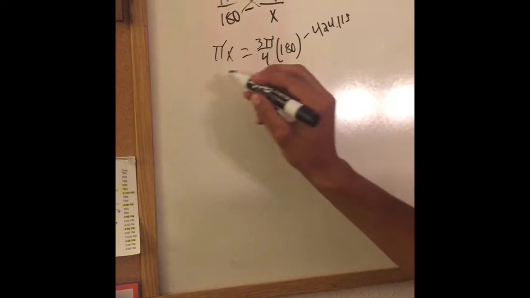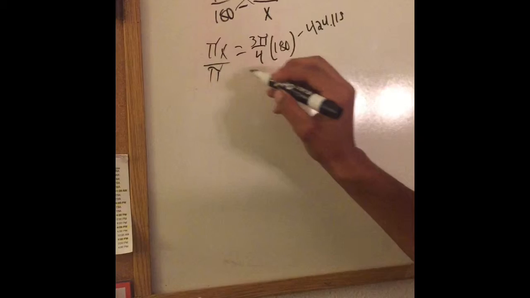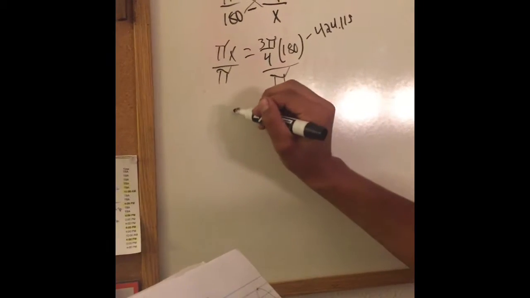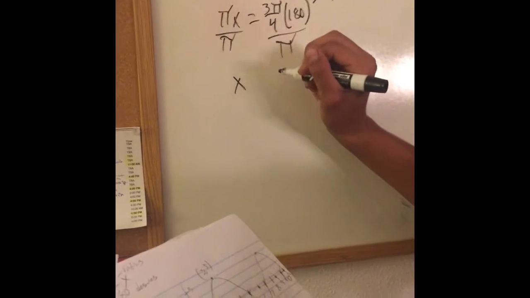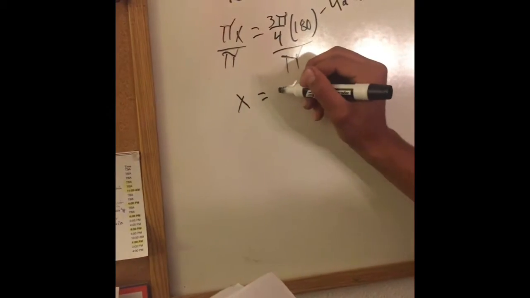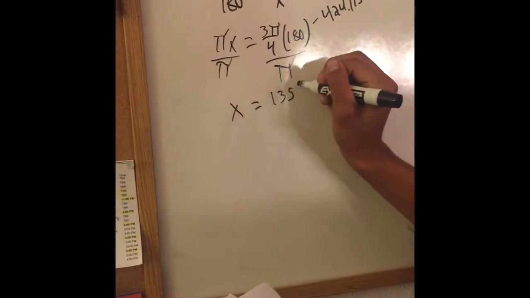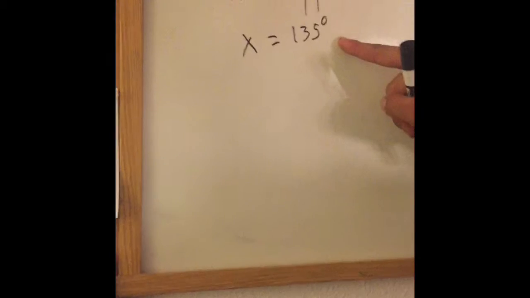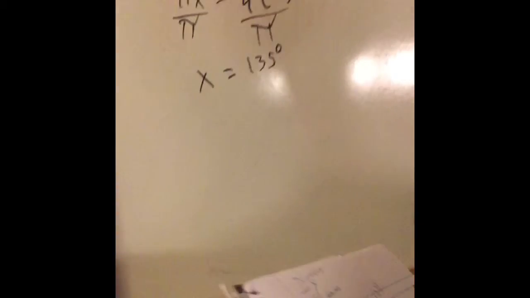So now you want to take this and divide it by pi to get x alone, and that leaves us with x is equal to, and you plug this into your calculator, and I got 135 degrees.